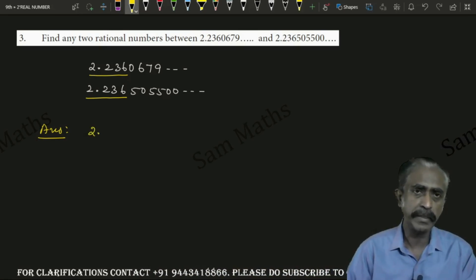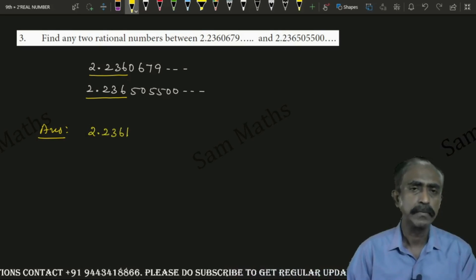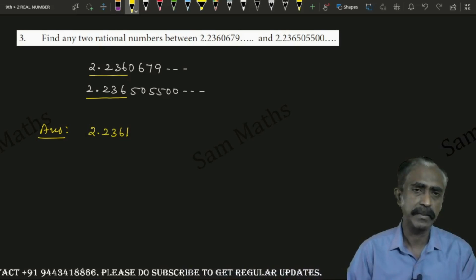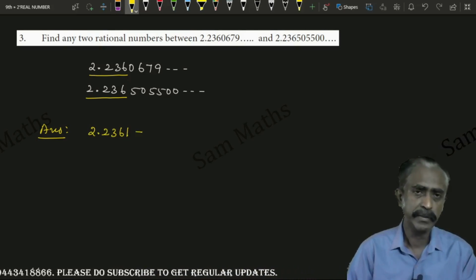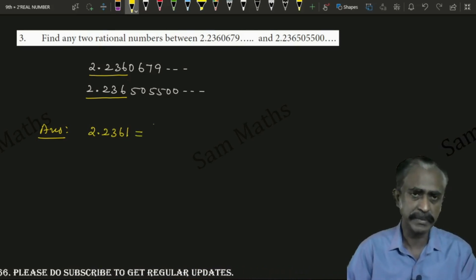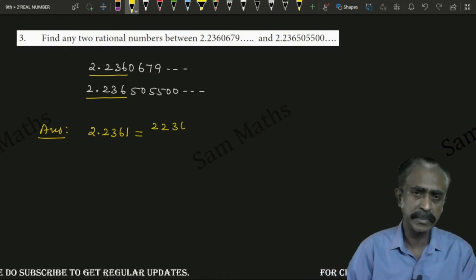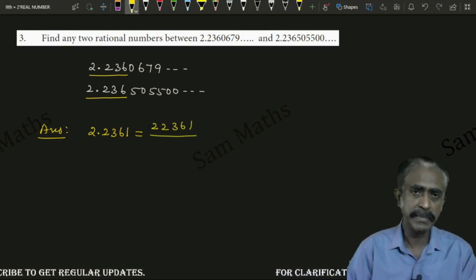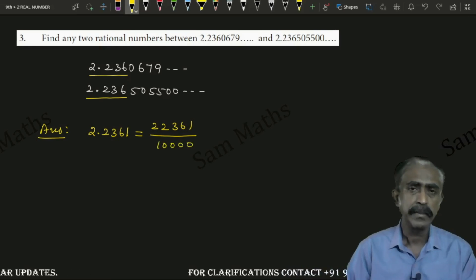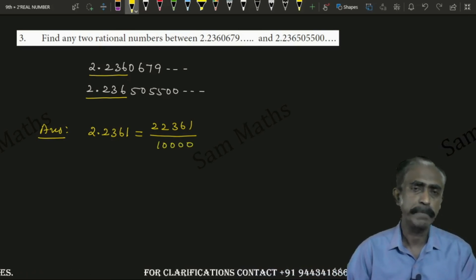This is 2.2361. This is one rational number. Am I right? It's terminating. This we can express as 22361. How many decimals did we move? 4. So this we can write as divided by 10,000.